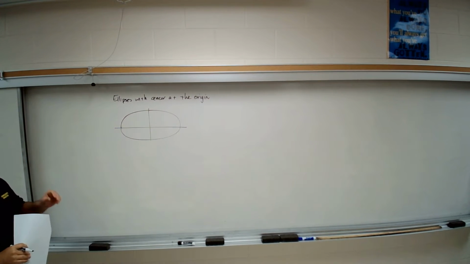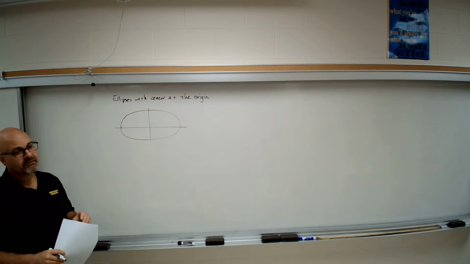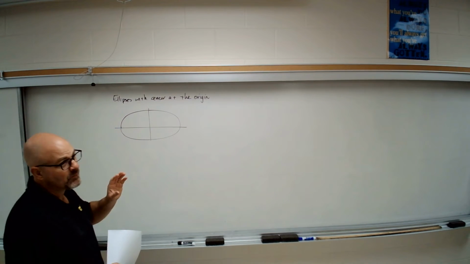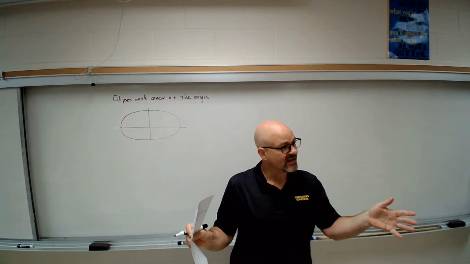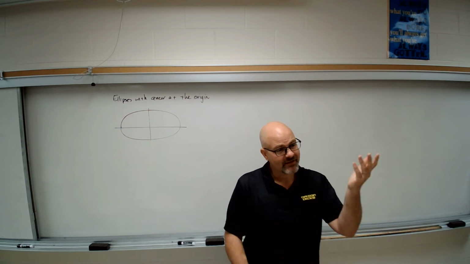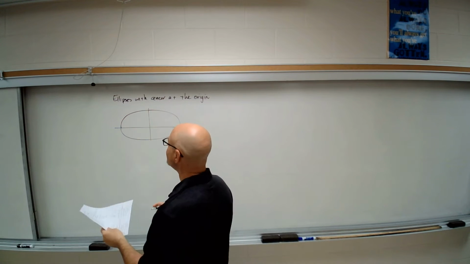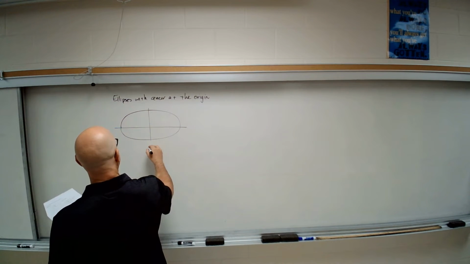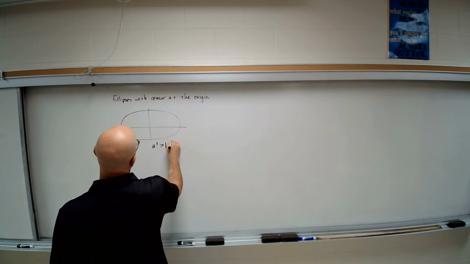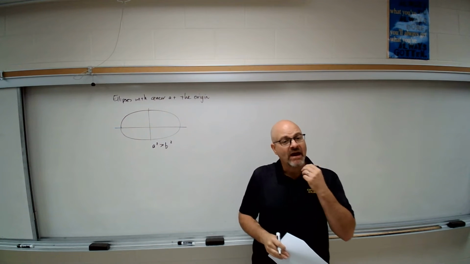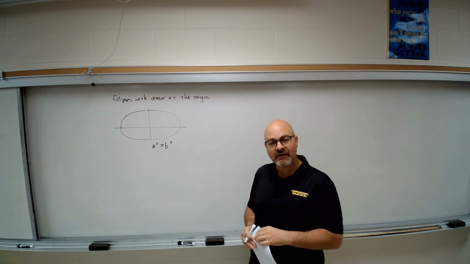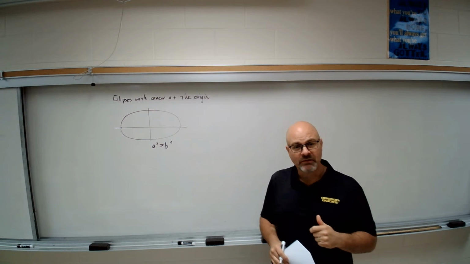Okay, so for our formulas here, to fill out your note sheet, we're going to break these into two types. The types that are wider, bigger side to side, and the ones that are taller. They have some differences. So in this case, we're going to say that a squared is greater than b squared, and we'll see where those fit into the equation. But in general, remember, a's are always going to go with the x value, and b's are always going to go with the y's.